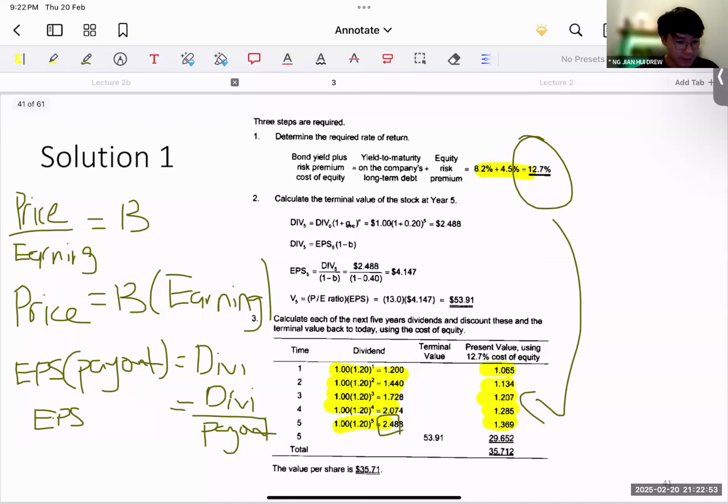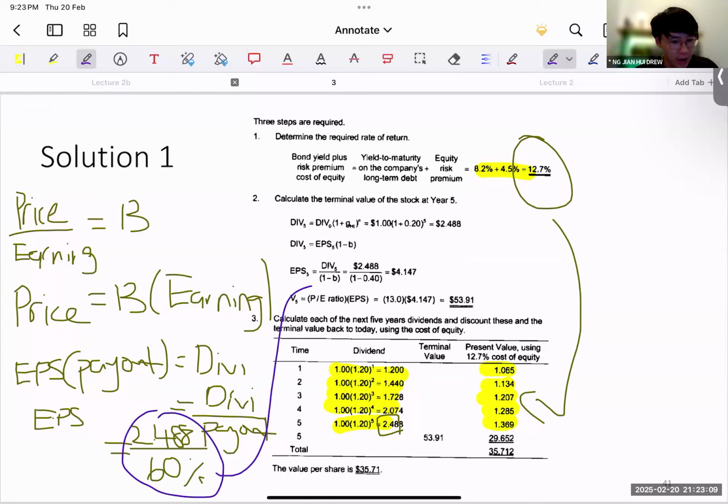So what's your dividends? Your dividends is 2.488 divided by 60%. So this will give you your earnings per share of this figure.